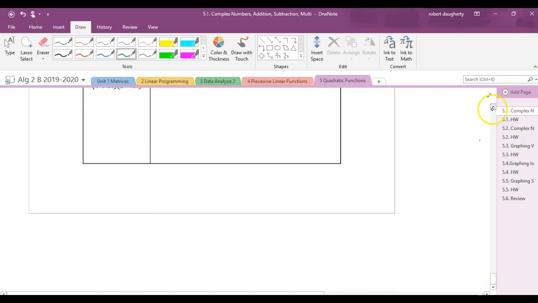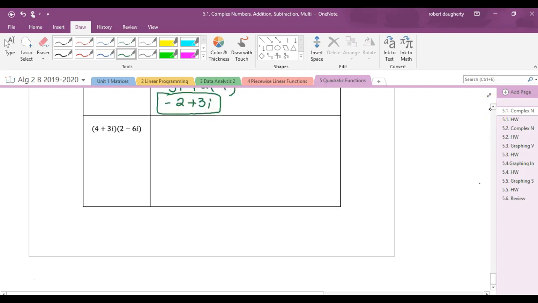And it looks like the last one of the day here. So multiplying these numbers, 4 times 2 is what? 8. That's the first terms. What happens when I multiply the outside terms here? Minus 24i. And then when I multiply the inside terms, 6i. When I multiply the last terms, I get what? -18i squared.